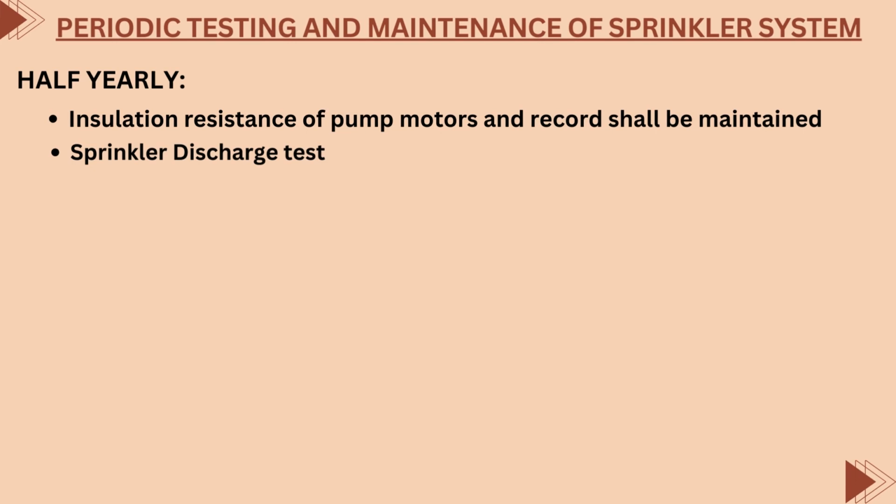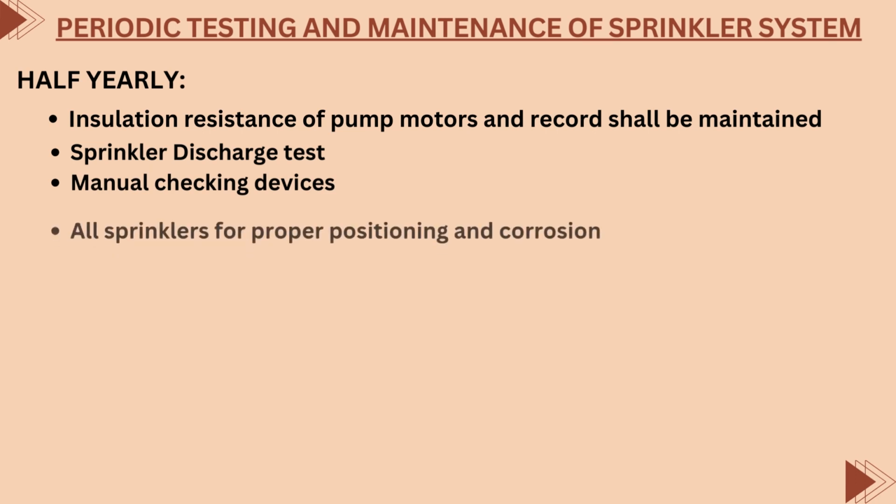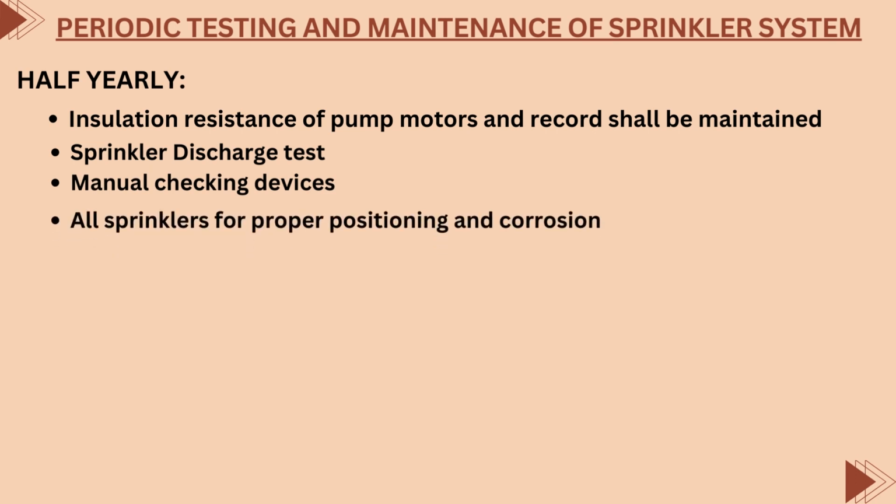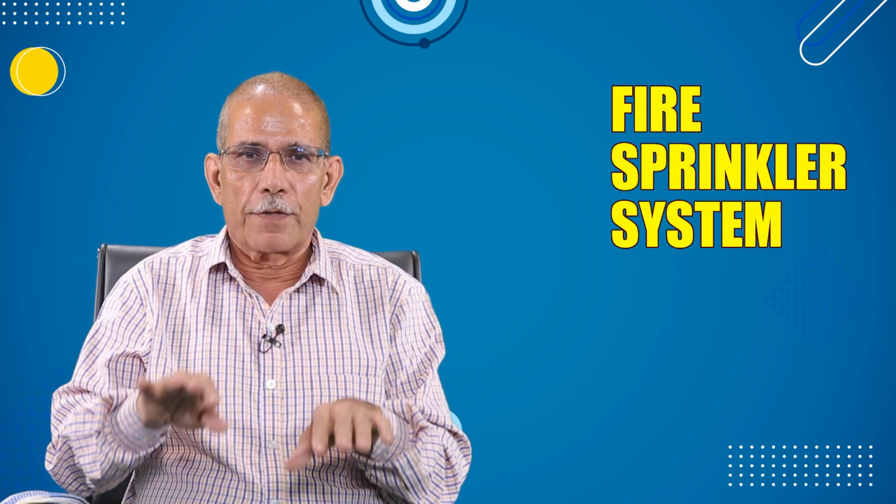The sprinkler discharge test is to be done by actually operating the sprinkler system. The manual checking devices are to be checked by actually operating them once in a while. All the sprinklers are to be checked for proper positioning and corrosion, and a report is to be made.